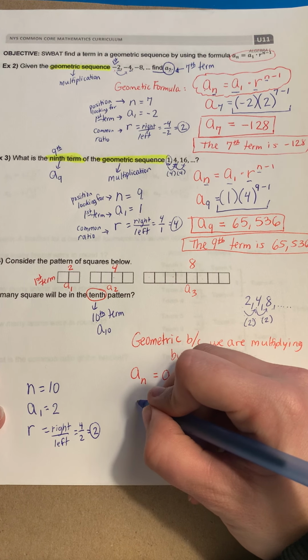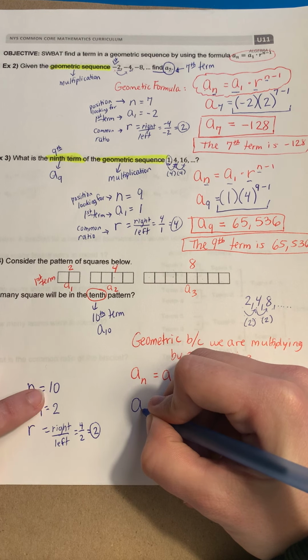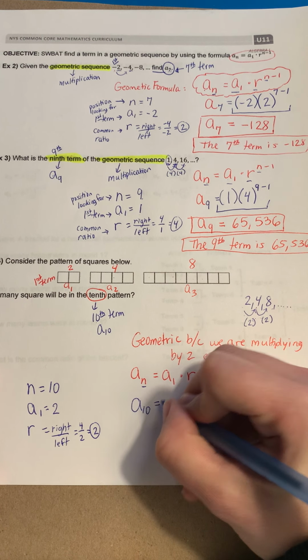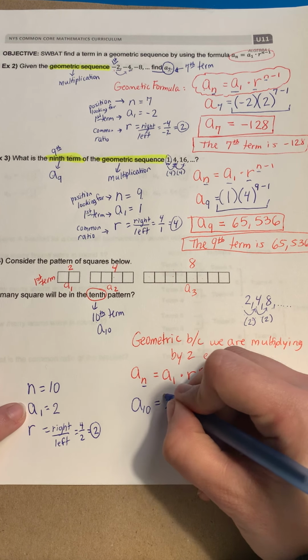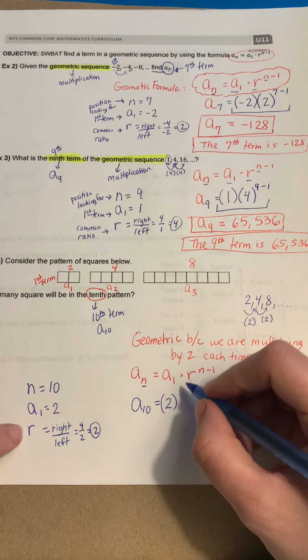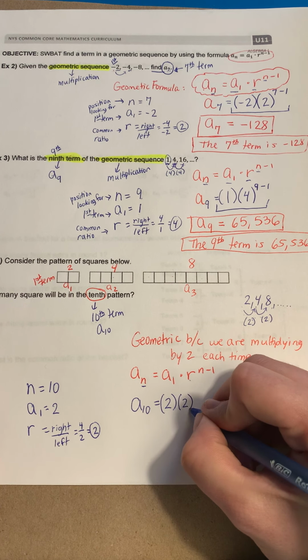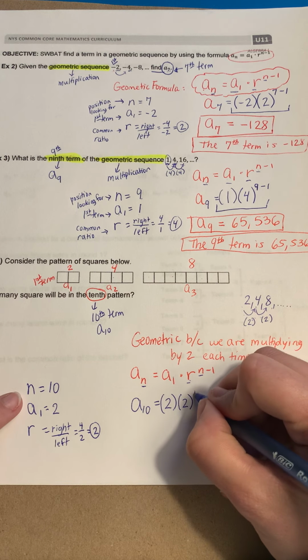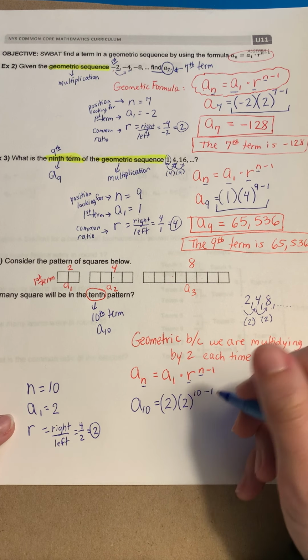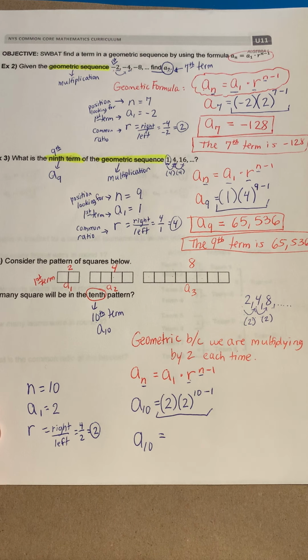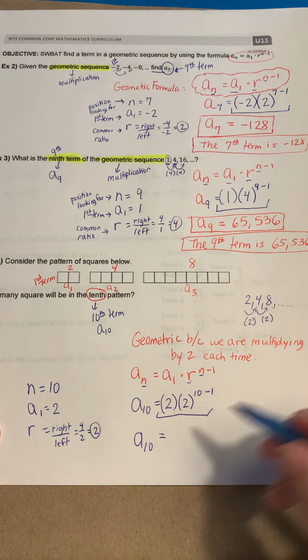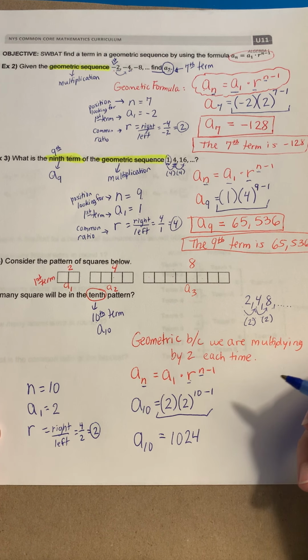Now I just plug in. A sub n, my n is 10, equals a sub 1, which I wrote down over here was 2, in parentheses, times r, which I figured out was 2, that's what we're multiplying by, raised to the n, which was 10, minus 1. Plug it in the calculator. A sub 10 equals 1,024.